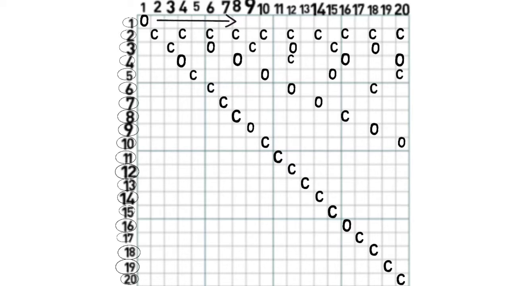So if you continue this pattern, you will start seeing a pattern in the lockers that are open. The lockers that remain open so far, when you go up to 20, are 1, 4, 9, and 16.